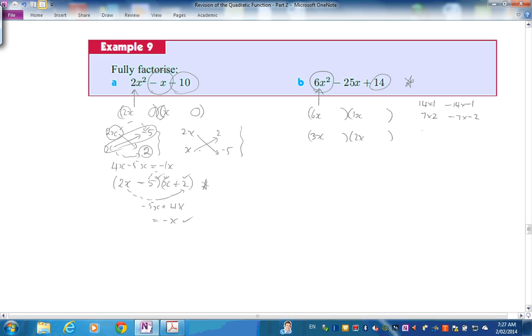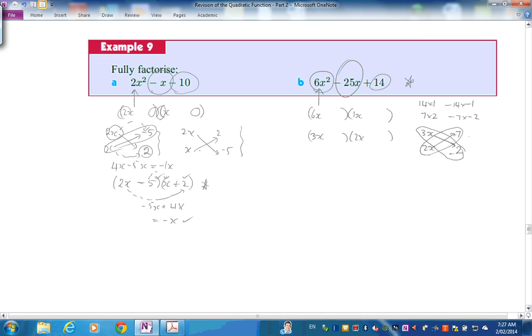So if you had 3x and 2x, you can start working out the combinations. You could put 7 and 2. That's not going to work. We want a negative sum of terms there, so we could put -7 and -2. That would be -14x.